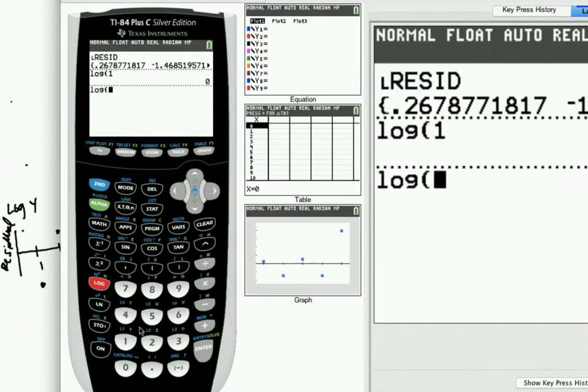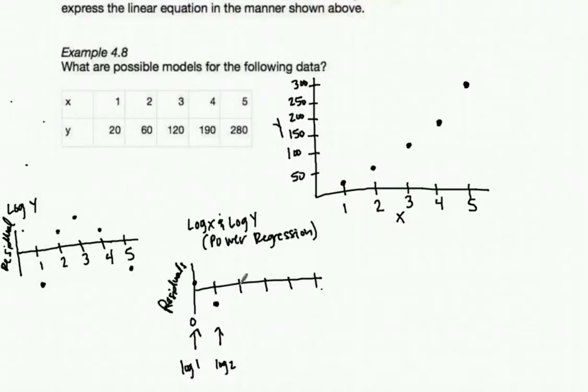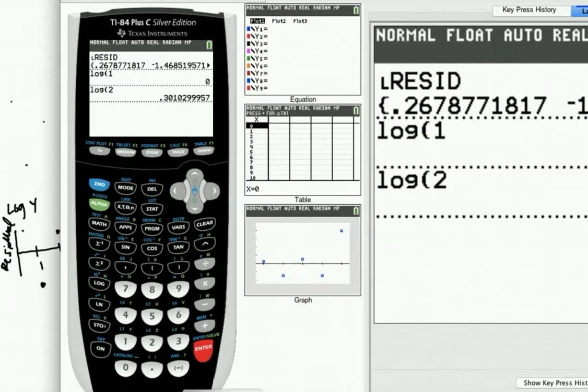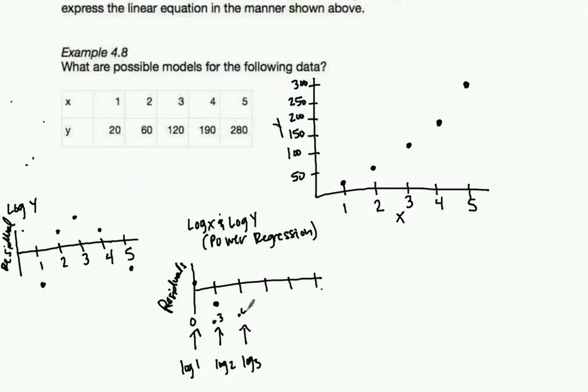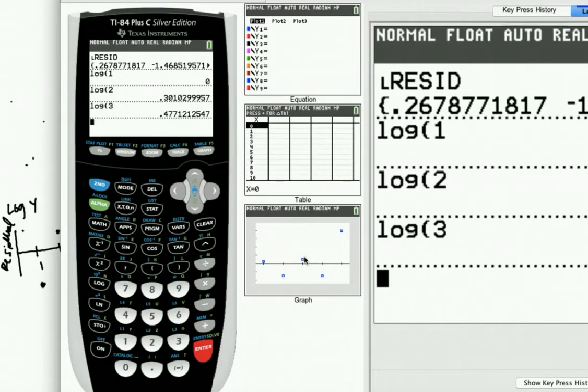But log of 2 is going to be 0.30. So this is like 0.3. Okay, this one is going to be for log 3. Log 3 is at like 0.4, let's make it 0.48. And so you can see here, it's about right there.